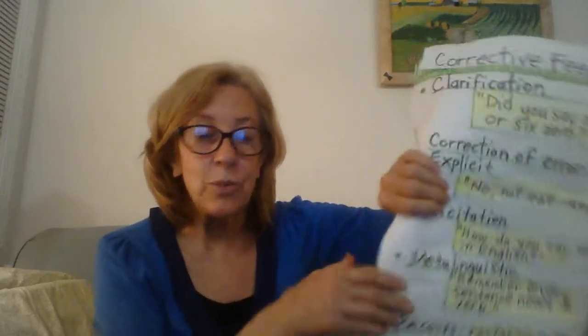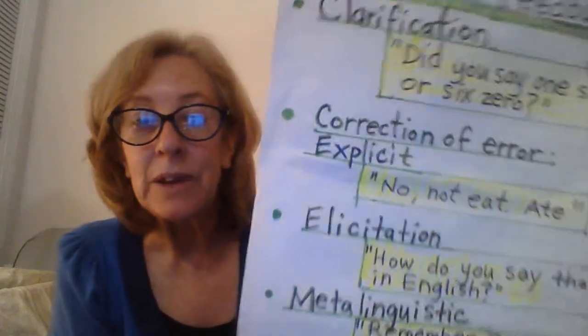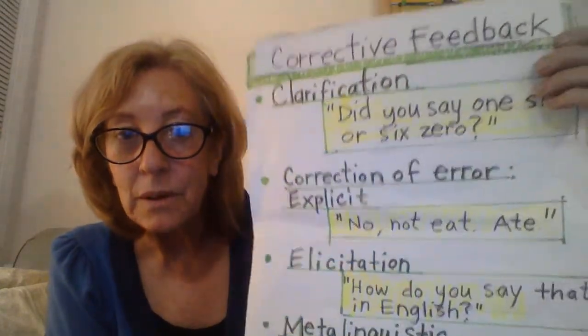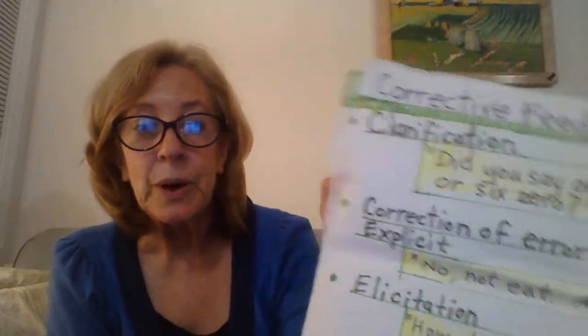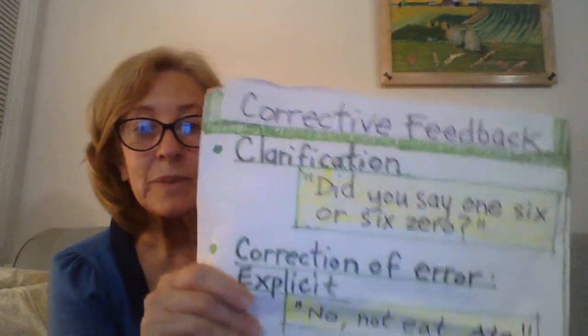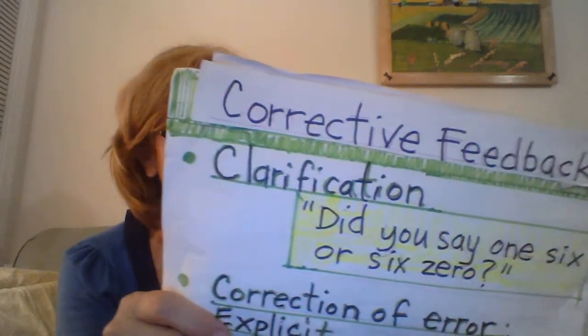And so that means bringing their attention. A lot of what we do is bringing the students' attention to these issues so that we can move through that and be successful. So let's see. There are several kinds of ways of giving corrective feedback, and one is clarification.